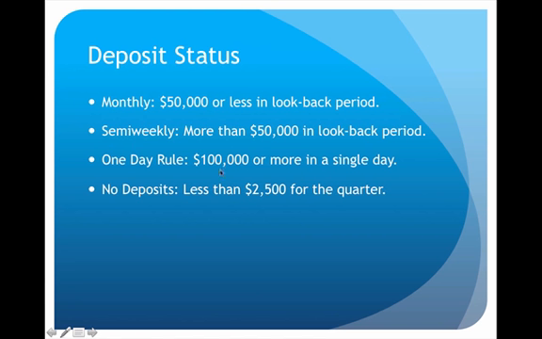If we paid out $100,000 or more in any single day in salaries, then we would have to deposit the money every single day. And if we paid out less than $2,500 for the quarter, we make no deposits at all. So those are the different possibilities in terms of deposit status. And once we fall into that status, that is how we will deposit that money with the Social Security Administration.